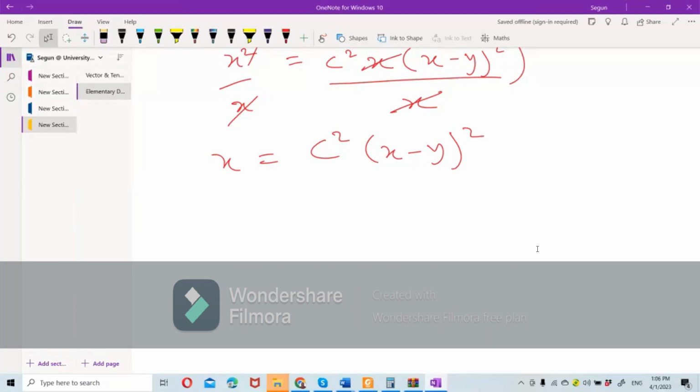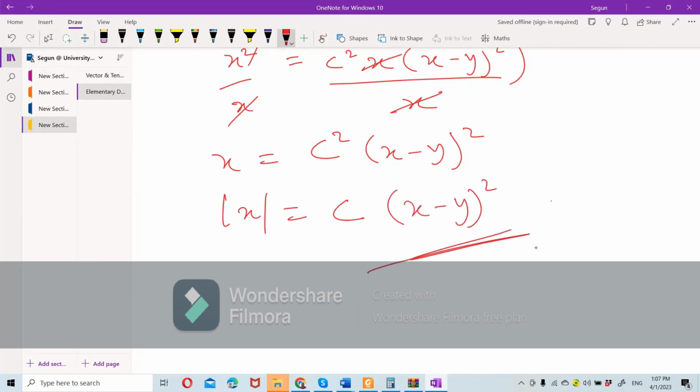Therefore, our final answer in this case will be, remember, c is constant. Constant will always be constant, whether it's raised to power 10 or not. So I can now write this by saying absolute value of x equals c into x minus y all squared. That's the homogeneous equation.